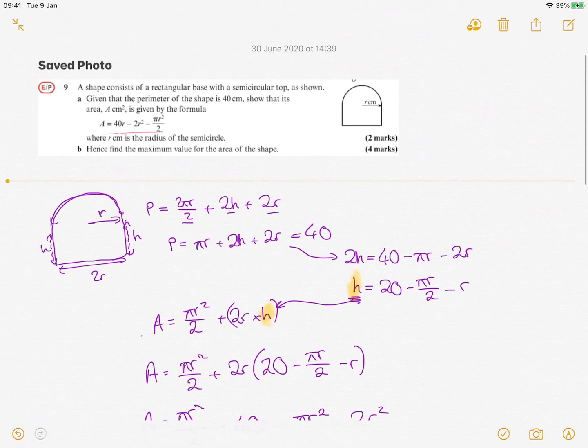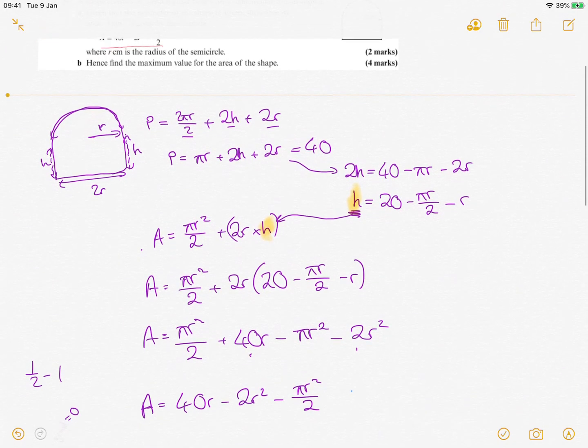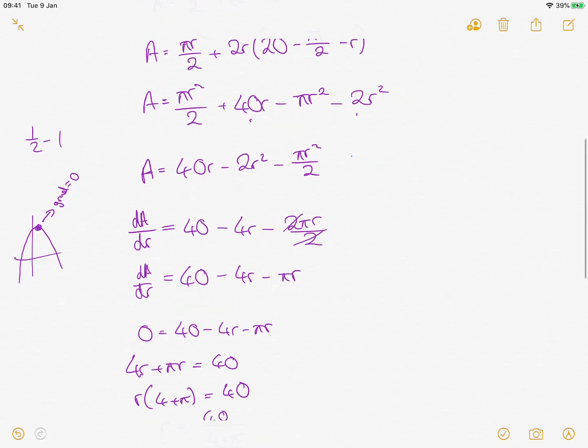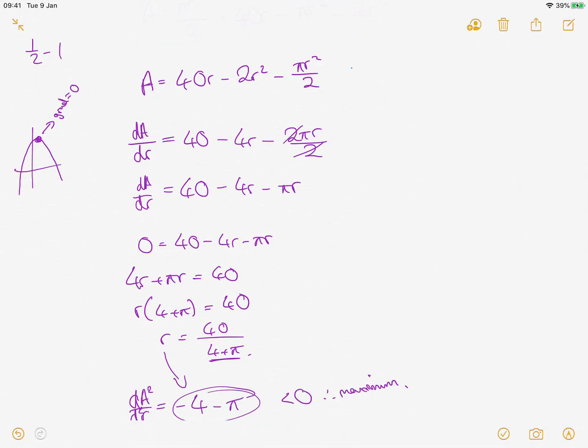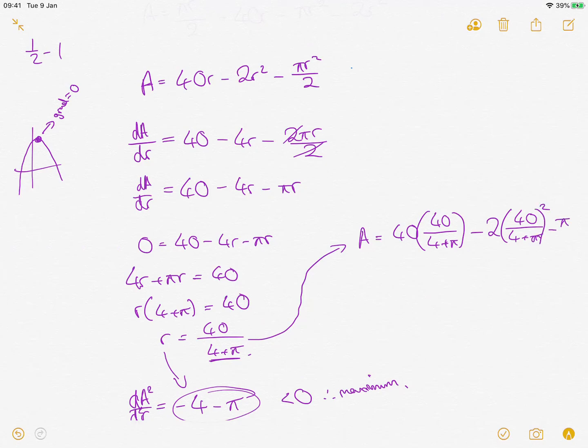So then we needed to find the maximum value for the area. So if r is this, then at a maximum, then we can sub it in to our formula for area, and minus 240 pi squared minus pi.